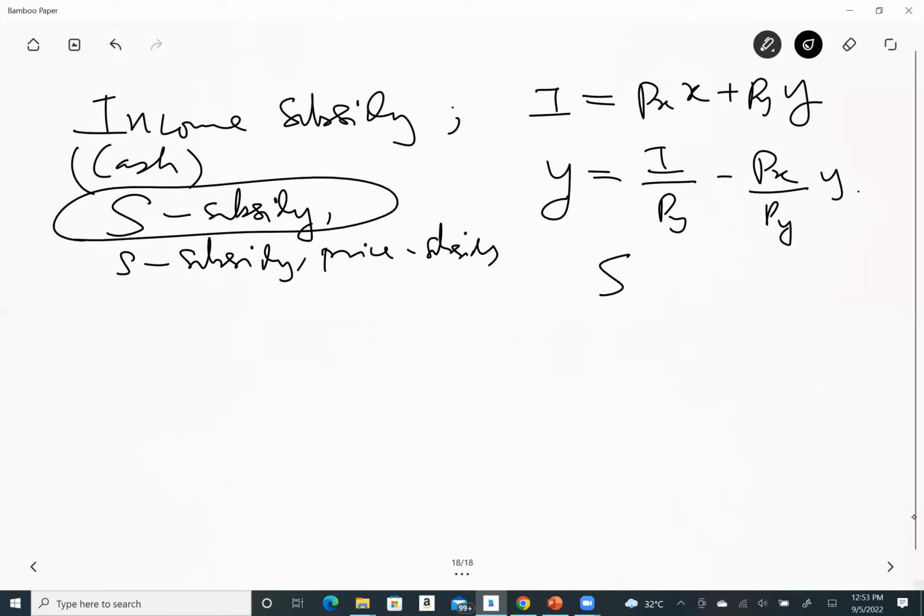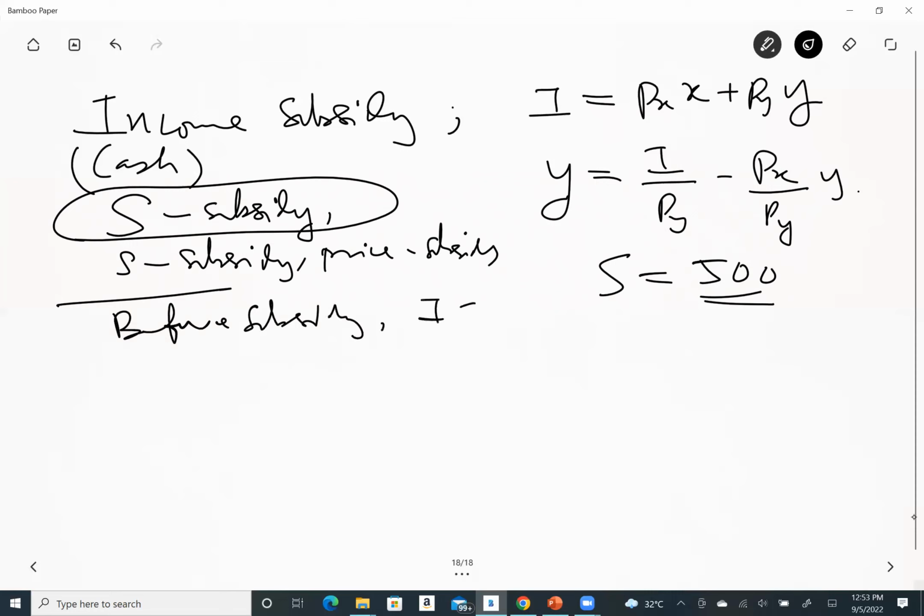So suppose S is equal to 500. It's already expenditure, not in terms of price. Here, the price subsidy, small s, is equal to 170 for that petrol. So if you are given the subsidy, say S equal to 500, imagine 500. Then suppose initially our income, before the subsidy, I equal to I0.